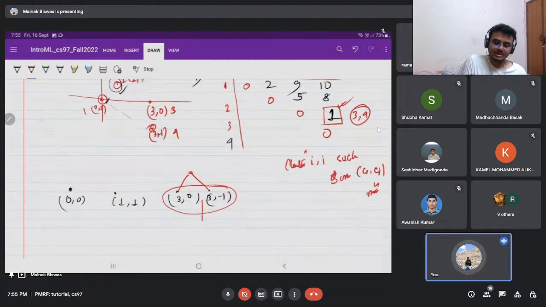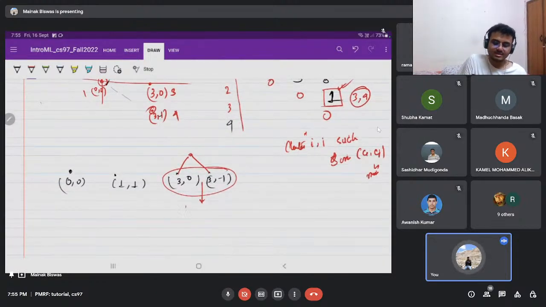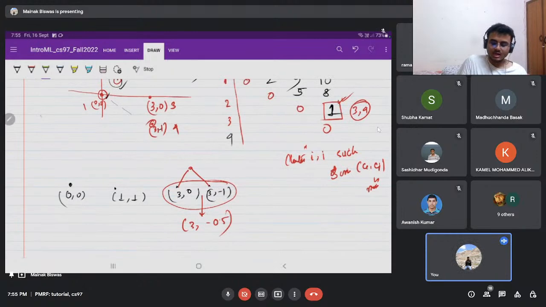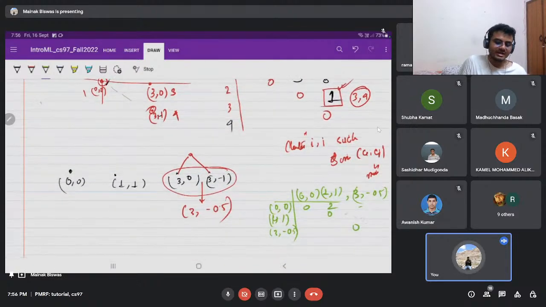Now since it is called centroid link, I'll replace these two points by their average, (3, 0.5). Similarly, I'll do the same math. The distance between 1 and 2 remains 2, and these other distances are all greater than 2.